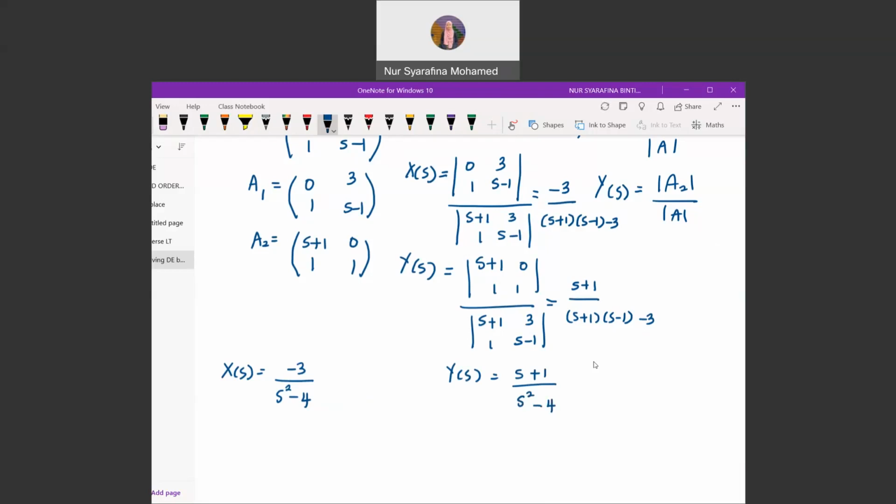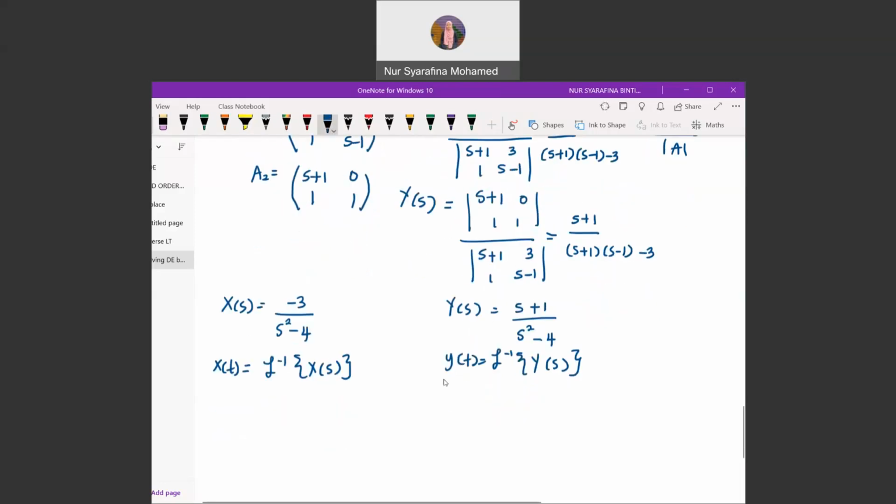So in order to get x(t), we have to inverse transform Xs. Same with y(t), we have to inverse transform Ys. So let's take a look at this. Here we have s squared minus 4, which should be s squared minus 2 squared.